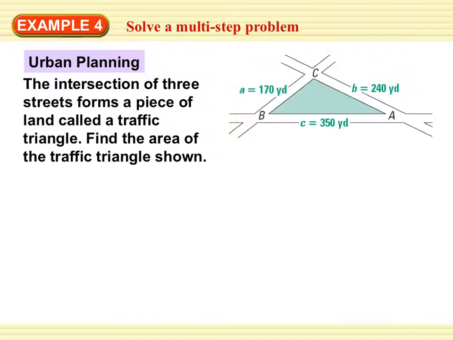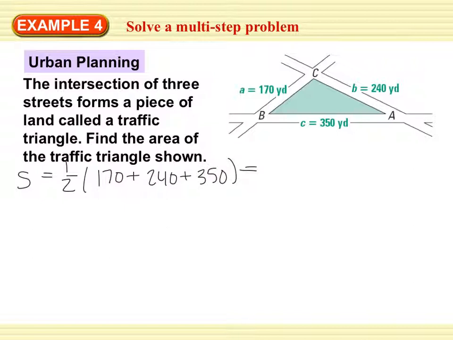Let's try one. The intersection of 3 streets forms a piece of land called a traffic triangle. Find the area of the traffic triangle shown. So first let's find the semi-perimeter. S equals 1/2 A plus B plus C. That gives me 380. Moving on, now we can use Heron's formula to find the area.